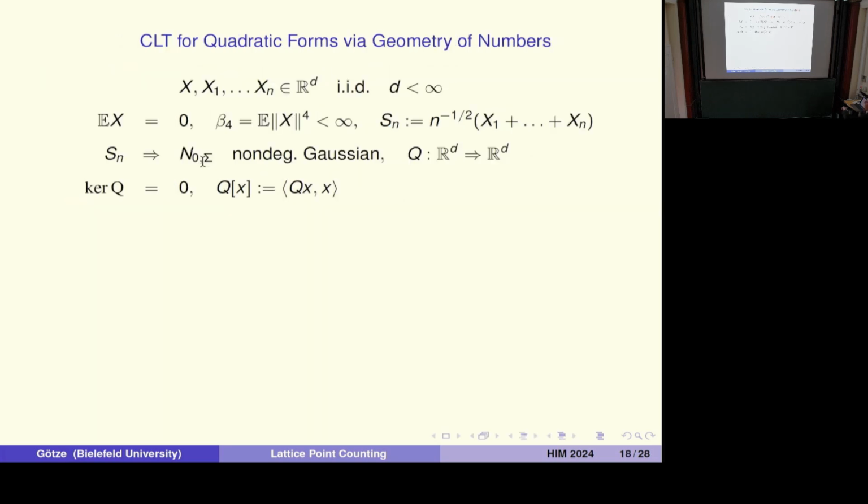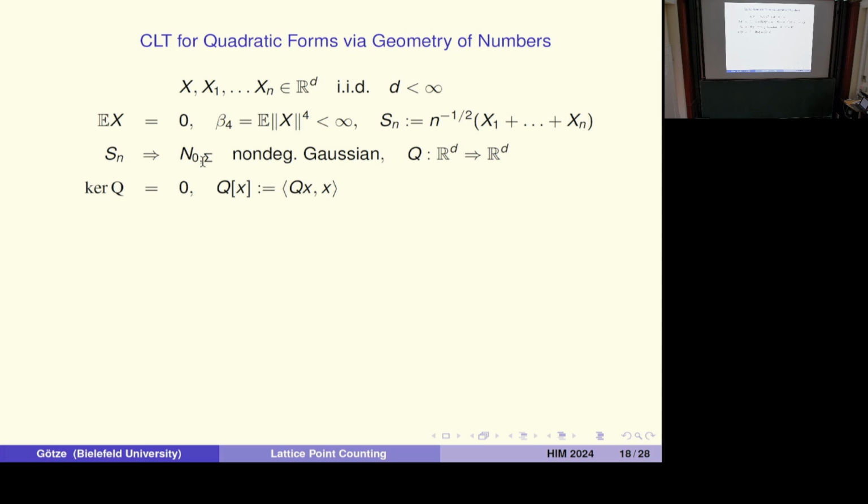Okay, now finally, what is the relation to probability theory here? So a classical theorem would say the multivariate central limit theorems for balls and ellipsoids, or in this case hyperbolic regions, reads like that. I have random vectors x1 up to xn, IID, normed to be mean 0, with fourth moment bounded.